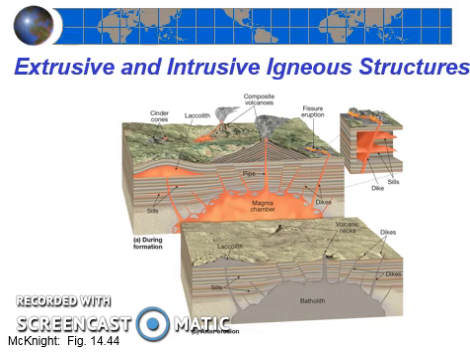Last week we studied extrusive igneous structures, volcanic landforms. You remember the term volcano or volcanic comes from Vulcan, the Roman god of fire. So these are features that form at the surface of the Earth from fire, or more accurately, from volcanism.